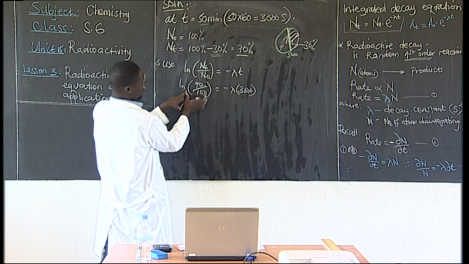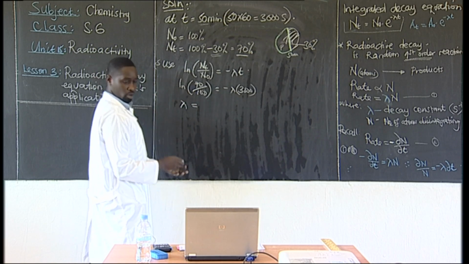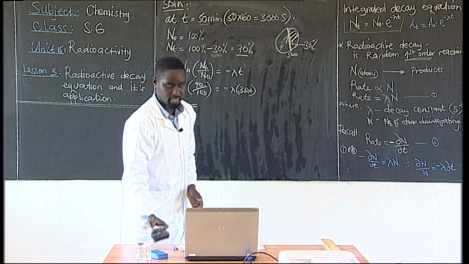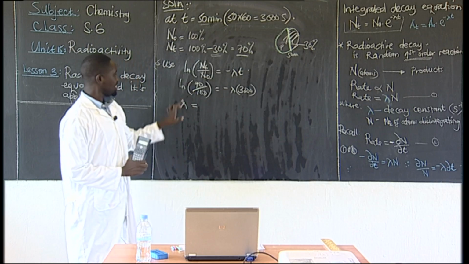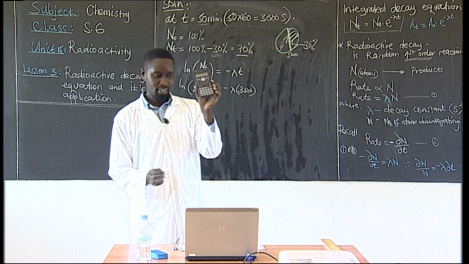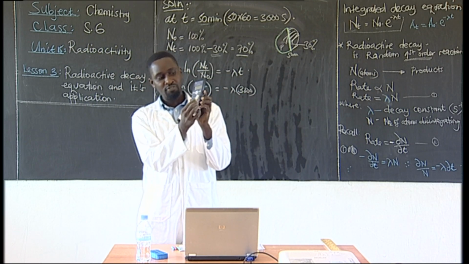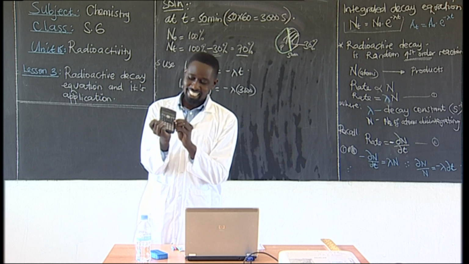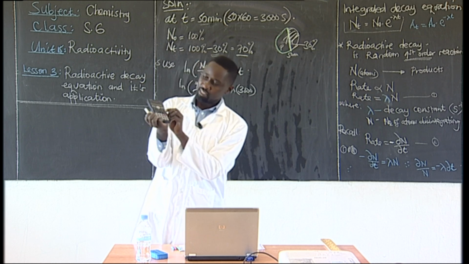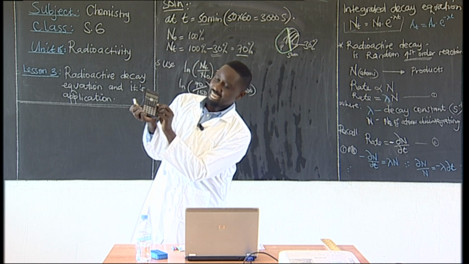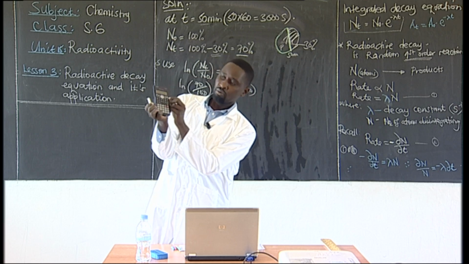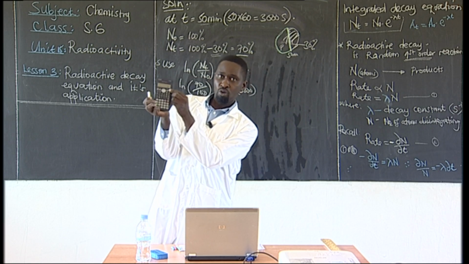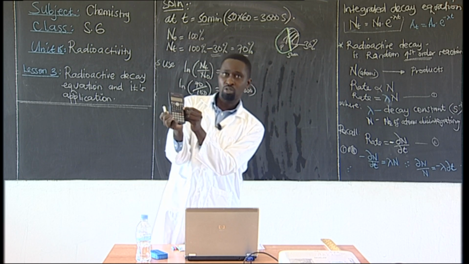this, taking this over here, will be going to our calculators. How do I get ln? Look clearly here. On your scientific calculator, there is ln here. It is the third button from on. From on, it is the third button.